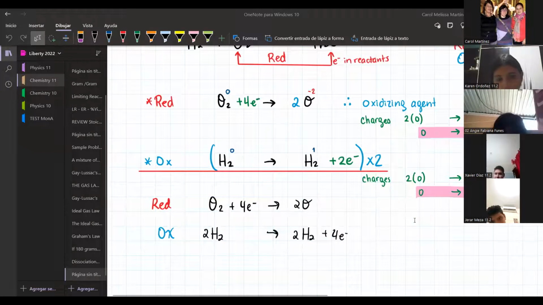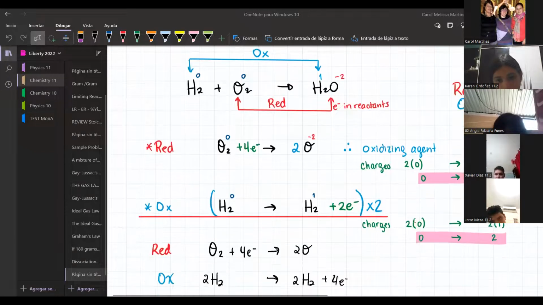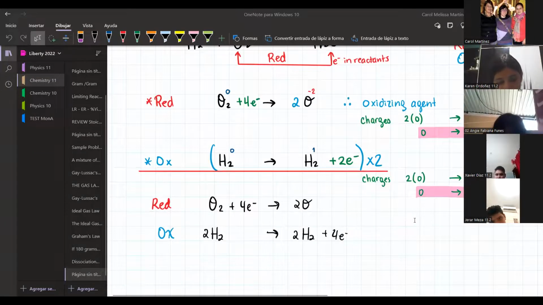I'm trying to explain it in different ways, so you can see different types of situations. Now, there are many possibilities, as many as there are chemical reactions. Okay, so here, what you have to do is just get rid of the electrons.